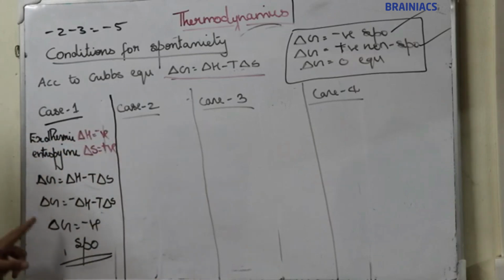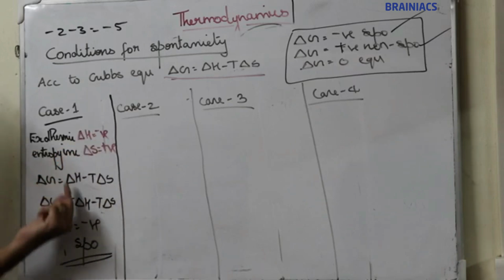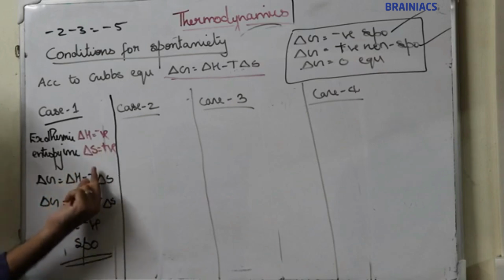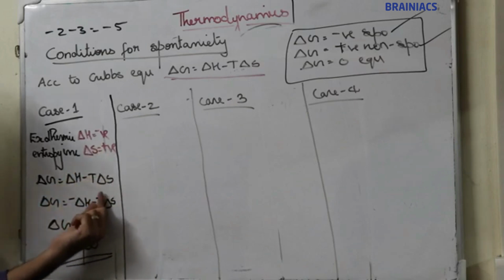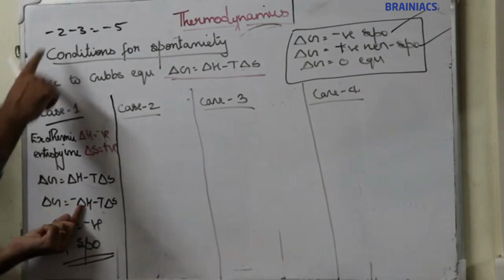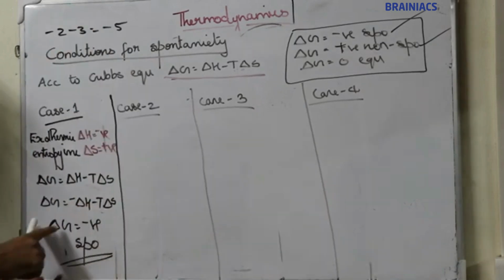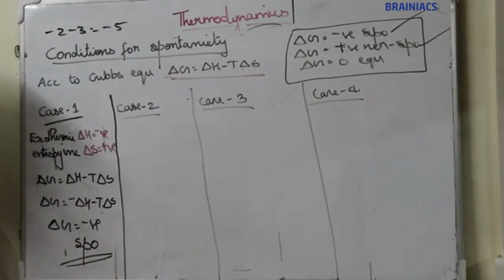So delta G is equal to delta H minus T delta S, here delta H negative and delta S positive, so minus T into positive delta S, minus 2 minus 3, you will get minus 5. Likewise, delta G will be negative, spontaneous.